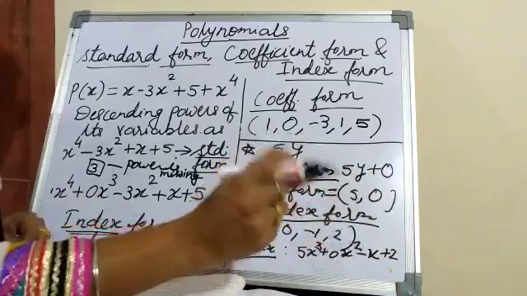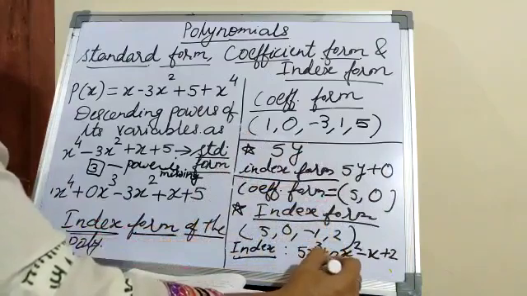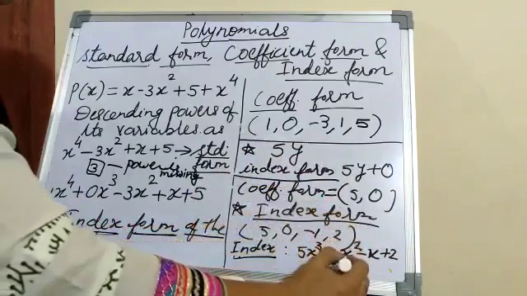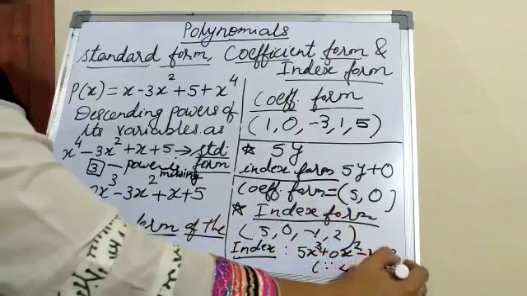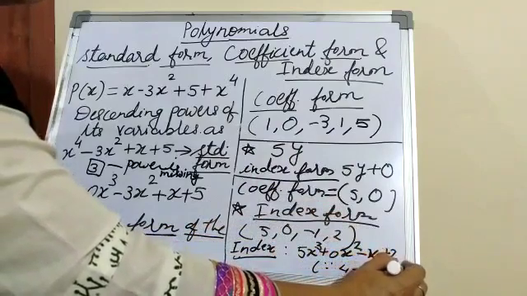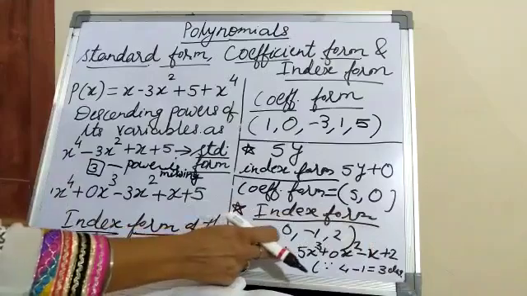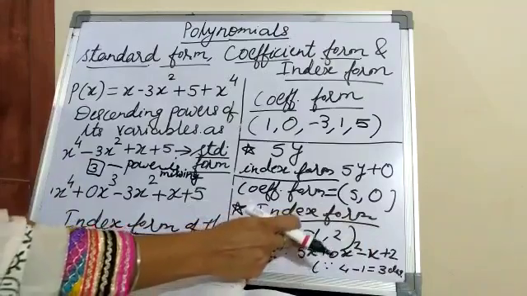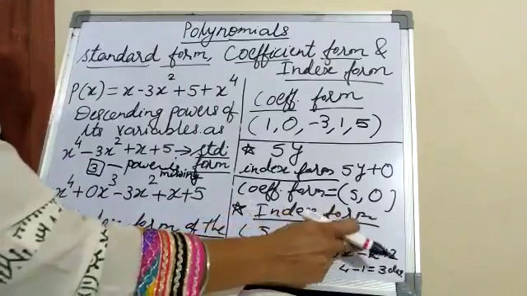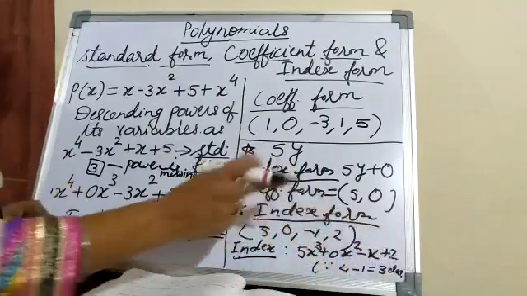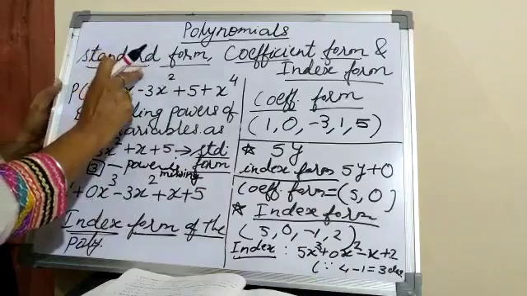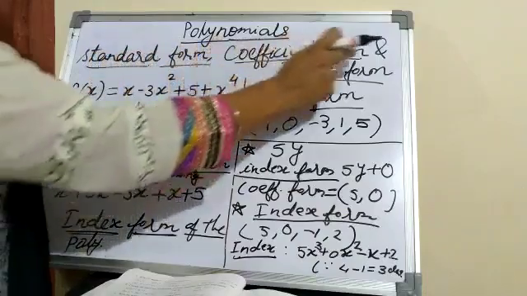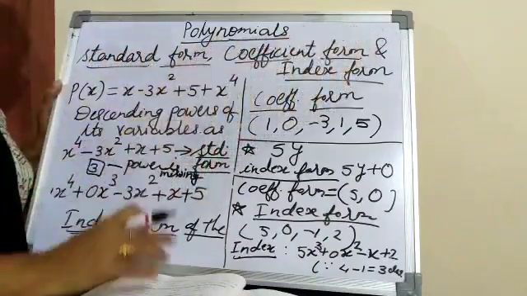So 4 minus 1, this is one idea: if total coefficients are 4, then 4 minus 1 is equal to 3. So the degree will be 3, the highest power you can take as 3: 5x cube plus 0x square minus x plus 2. So this is how to write the given polynomial in standard form, coefficient form and index form. Okay. Thank you.